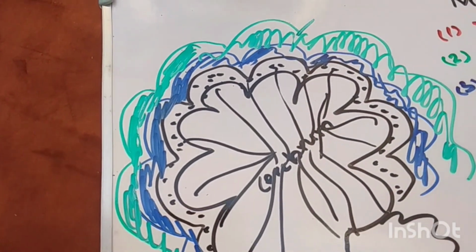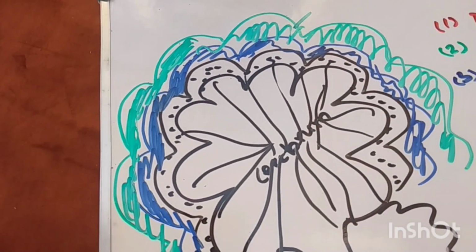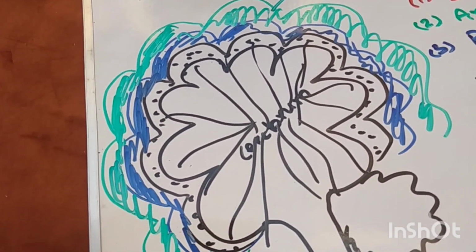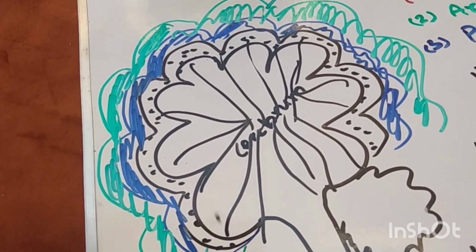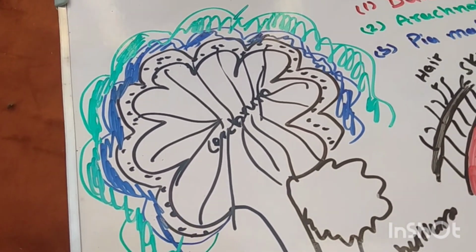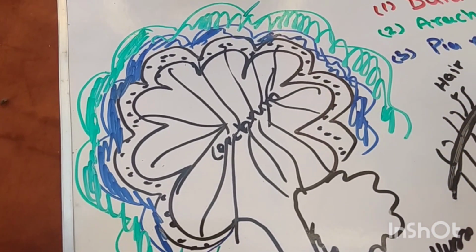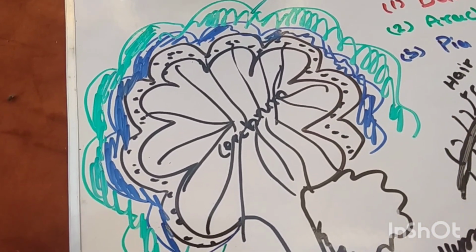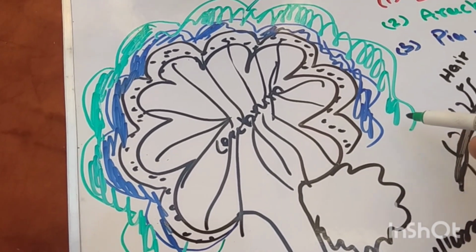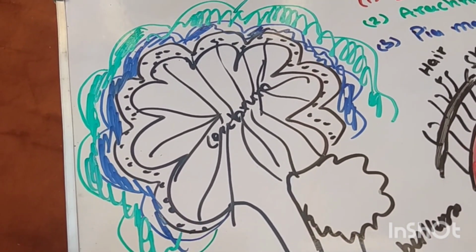This fluid protects our brain from injuries when we jump or fall down. This fluid acts as a cushion between the skull bone and the brain, and this fluid is continuous with the spinal cord.